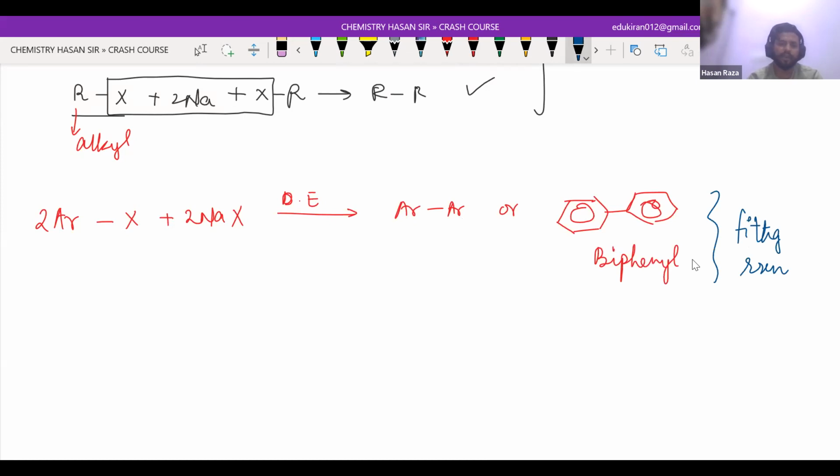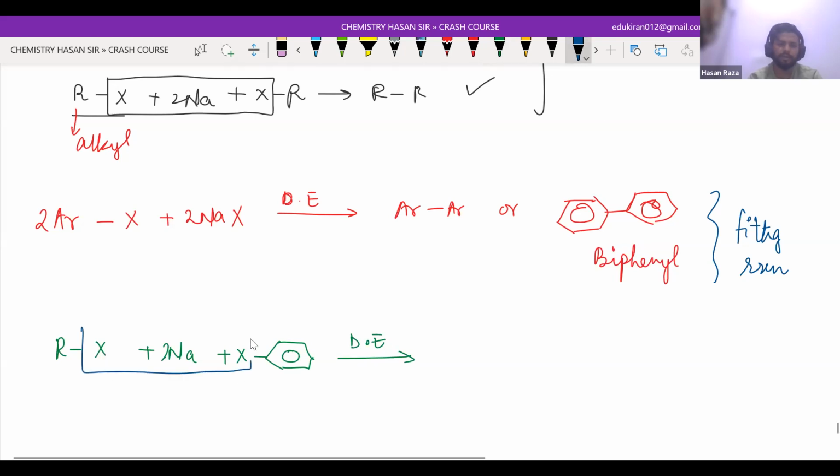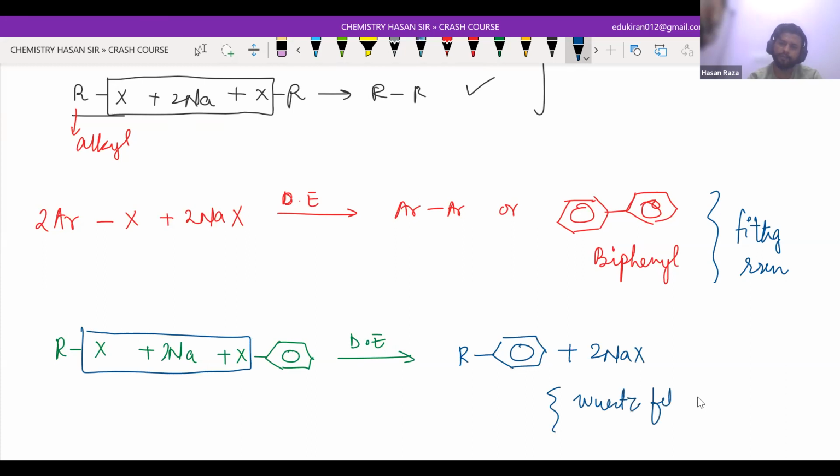And the last one is quite easy. That is RX plus 2Na plus ArX, in the presence of dry ether. This will be your Wurtz-Fittig reaction.